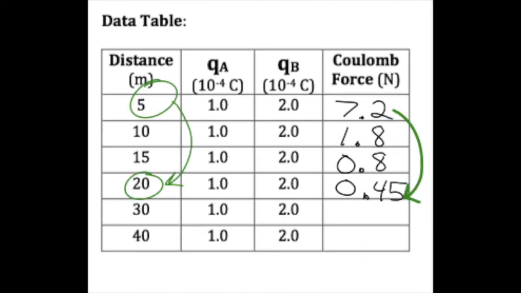When the distance is quadrupled from 5 to 20 meters, the Coulomb force decreases from 7.2 newtons down to 0.45 newtons. 0.45 divided by 7.2 is 1/16. So the Coulomb force is 1/16 as big when the distance is quadrupled.